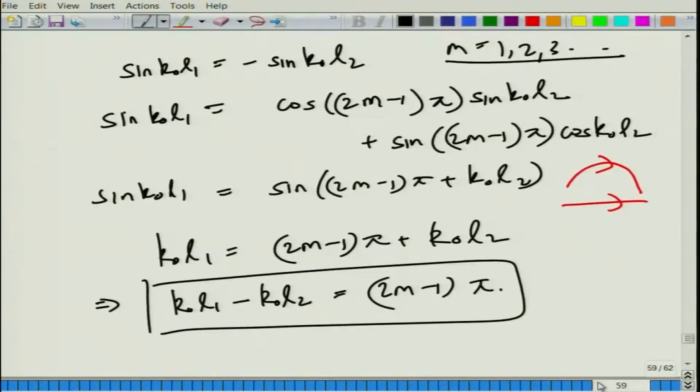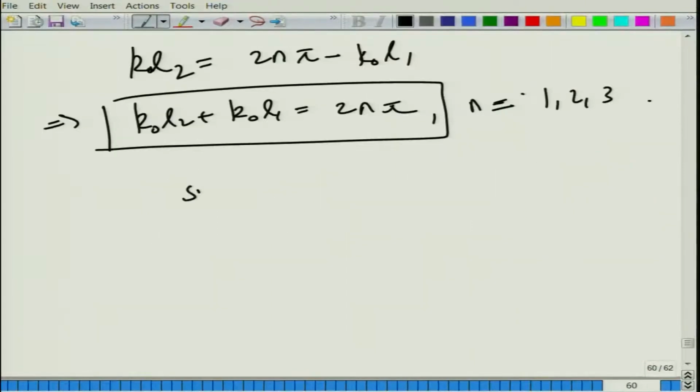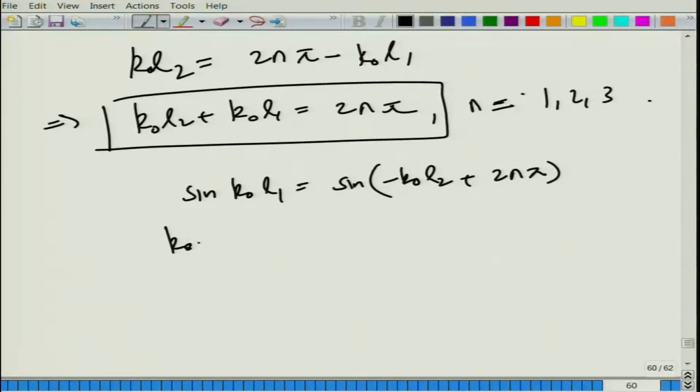Because here, instead of minus I have put cos, you can also do it the other way around. So, this will happen when you take minus inside. So, what you get is sine K0 L1 is equal to sine of minus K0 L2 plus 2n pi, where K0 L1 is equal to 2 pi n minus K0 L2, where n is the same thing as here.